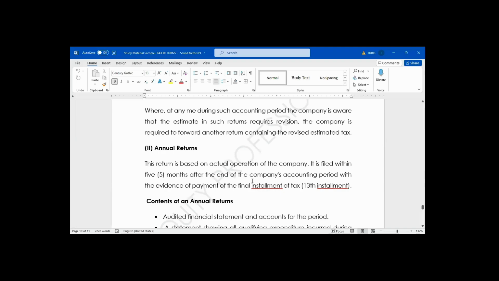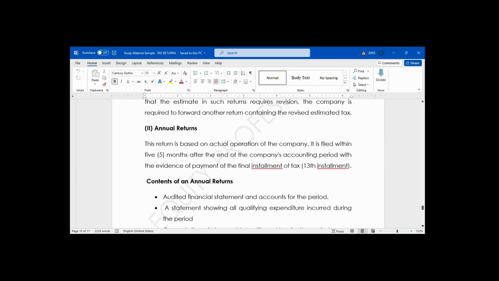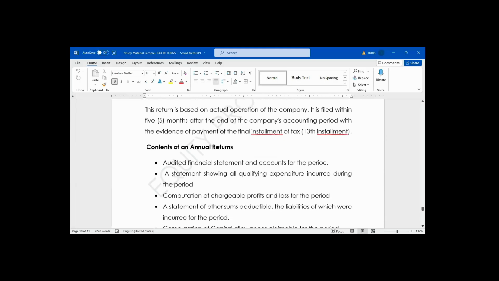Sir, is it possible for the annual return to be less than their estimated tax? Yes, it's possible.